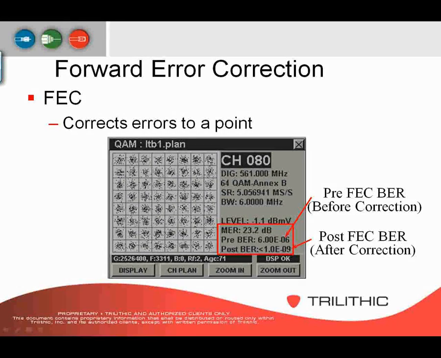BER after forward error correction indicates the number of uncorrectable errors the FEC was unable to correct. The difference between the pre and post FEC indicates how hard the forward error correction function is working and how close the system is to failure.